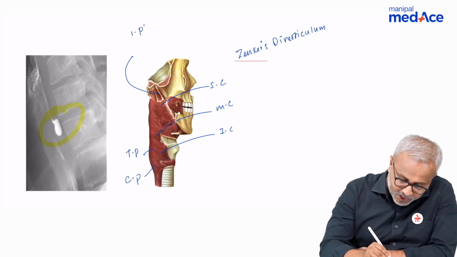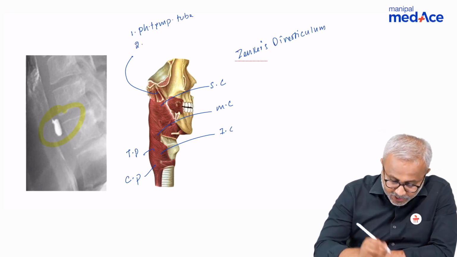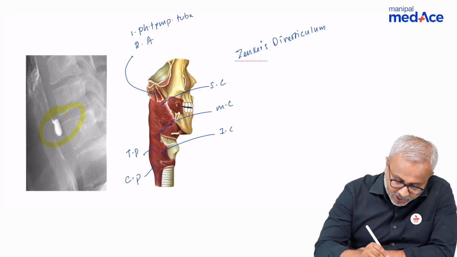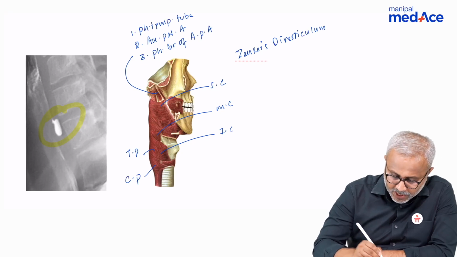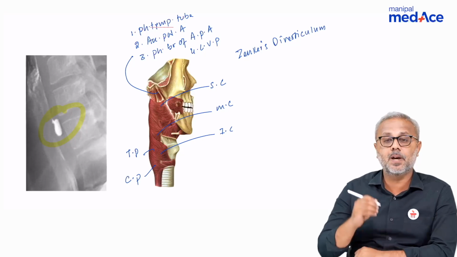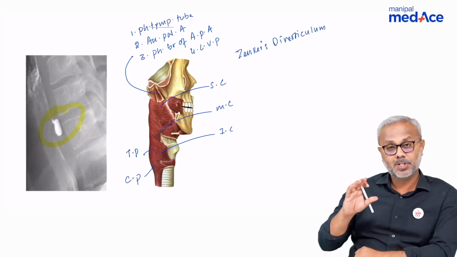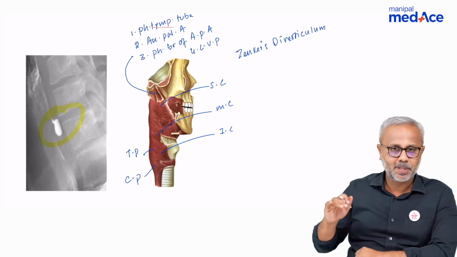So one is the pharyngotympanic tube or the auditory tube, right? Then it allows for the passage of ascending palatine artery, then pharyngeal branch of ascending pharyngeal artery, and then levator veli palatini, one of the muscles of your palate. These are the four structures that pass in the space between the base of the skull and the superior constrictor.